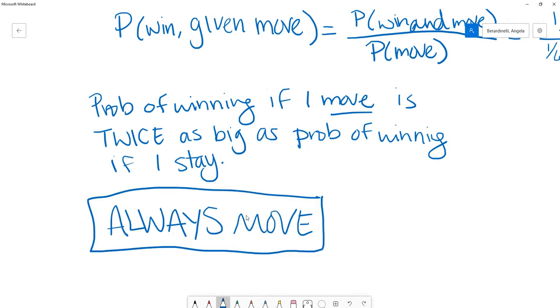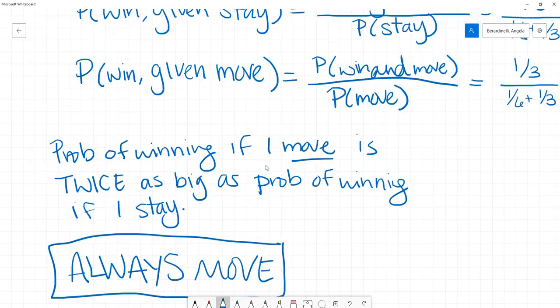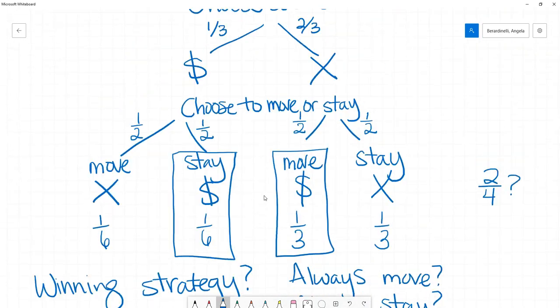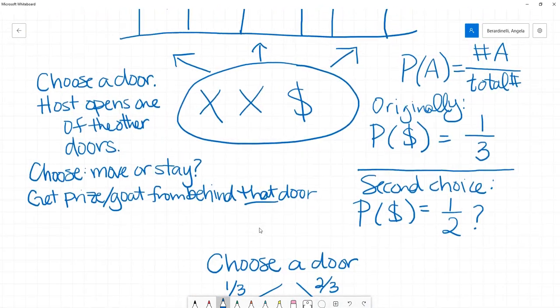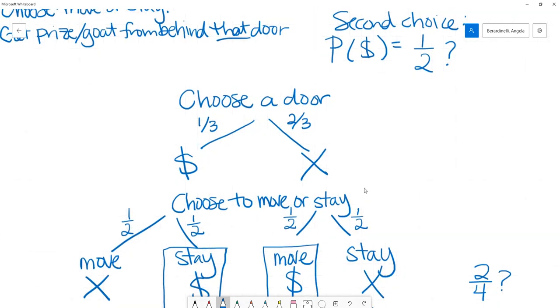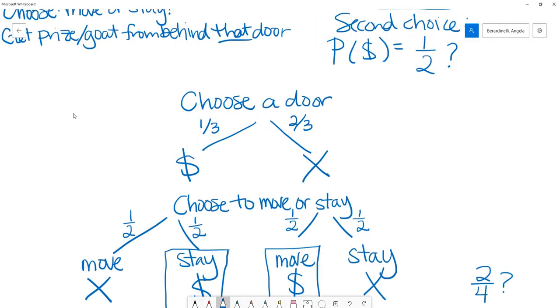So this is some very basic probability from sort of an introductory probability course, but it's very counterintuitive. You would think once it's down to 2 doors, the probability of winning should be the same either way, half and half. But it really isn't, because you're getting so much information at this second step.